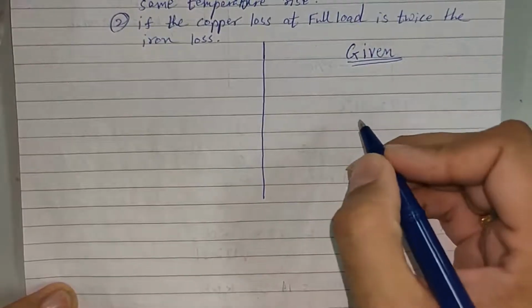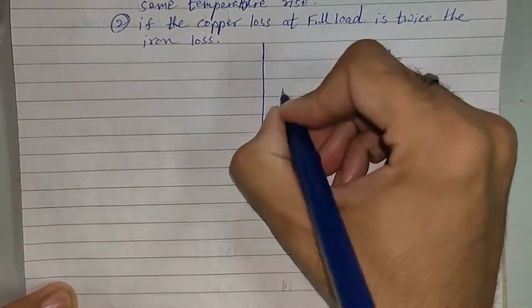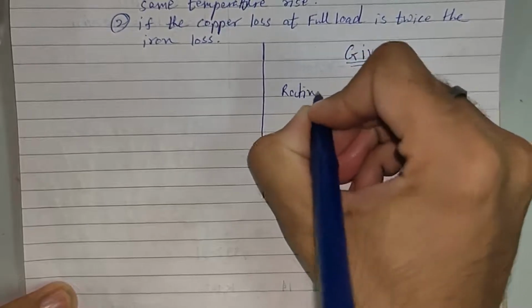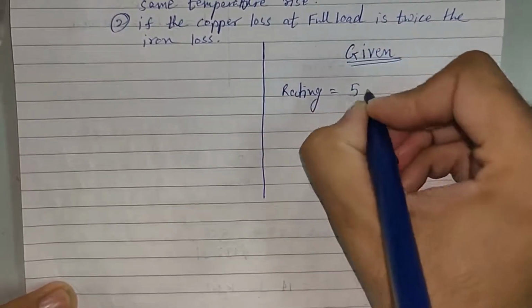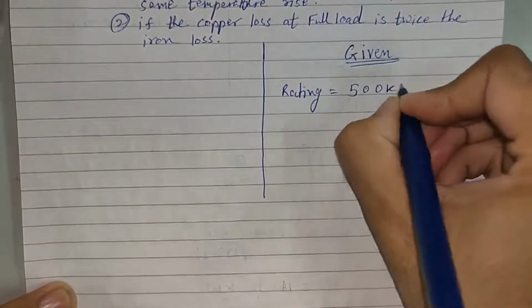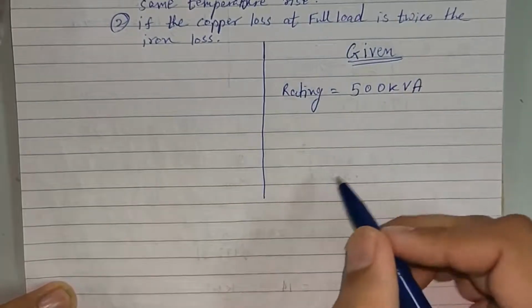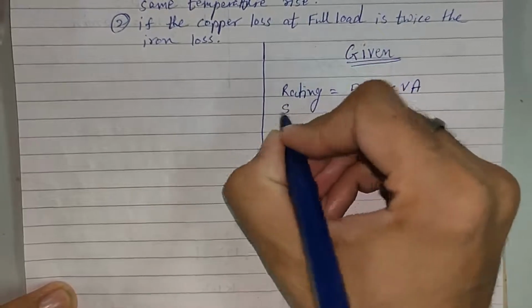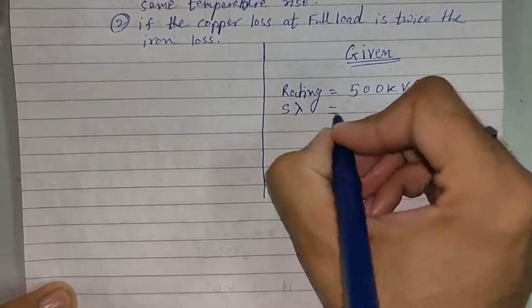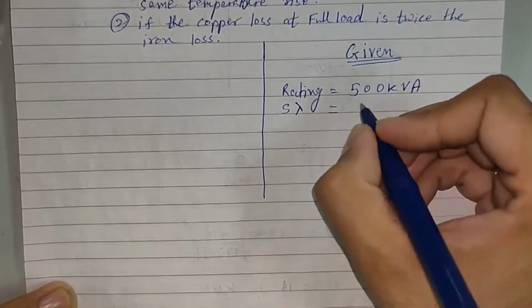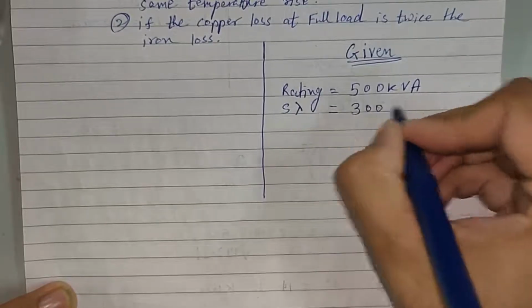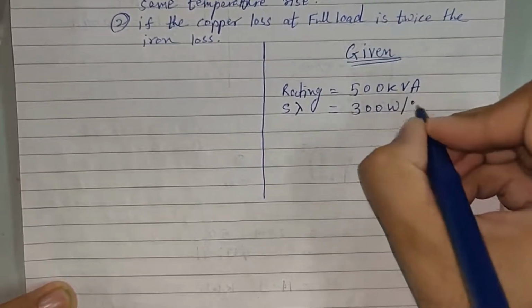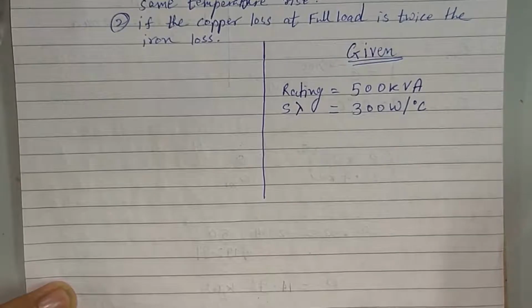Now let us see what is given in the question. The question says the rating of the transformer is 500 kVA. Then the value of S lambda is given to us. The value of S lambda is 300 watts per degree centigrade.